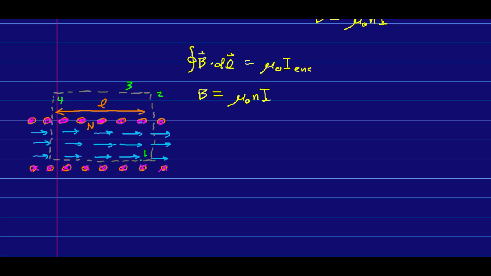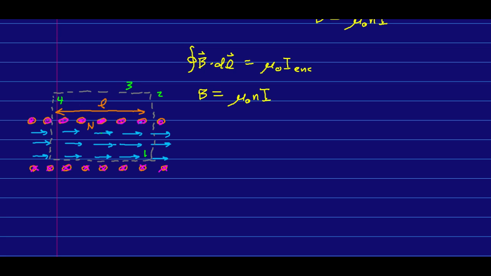I still know that the line integral along this line is what is giving me the whole value of this line integral, and so the line integral along this new line 3 must be 0 as well. And so the B field is 0 here.